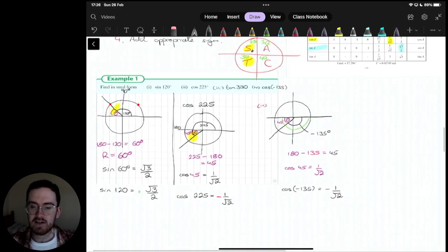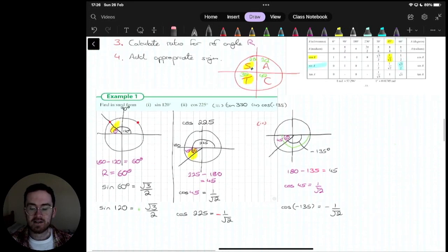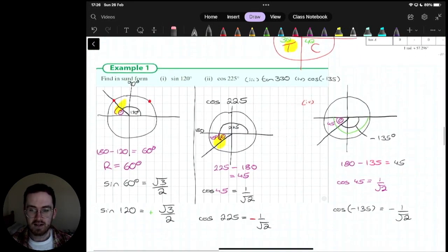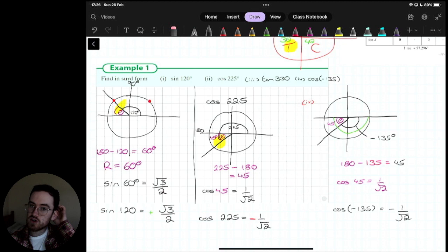So what we're getting at here is this idea of reference angles. Making sure that you're comfortable with picking out the reference angle, and we were looking at why or where these reference angles come from when we were going through that example. It's just making sure that you're happy with how you come up with a reference angle, how you work out which angle it is: it's the closest angle to the horizontal every time.